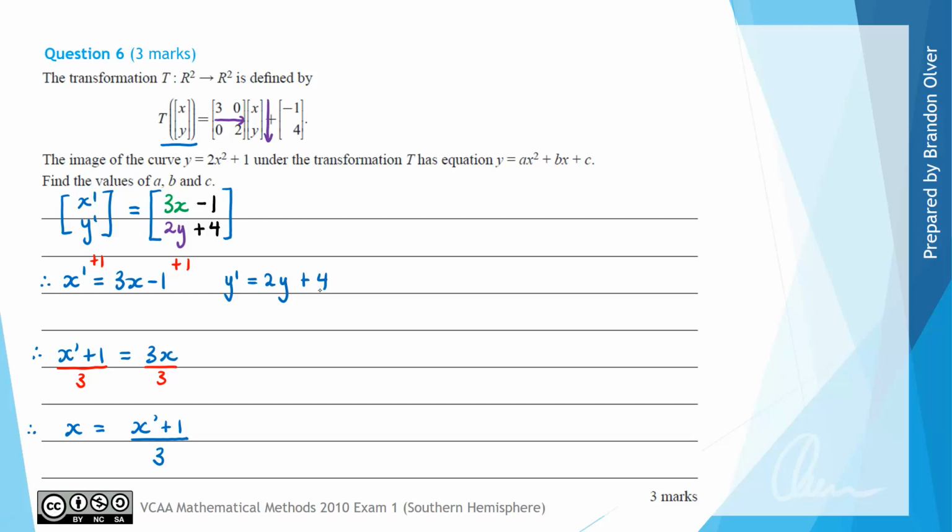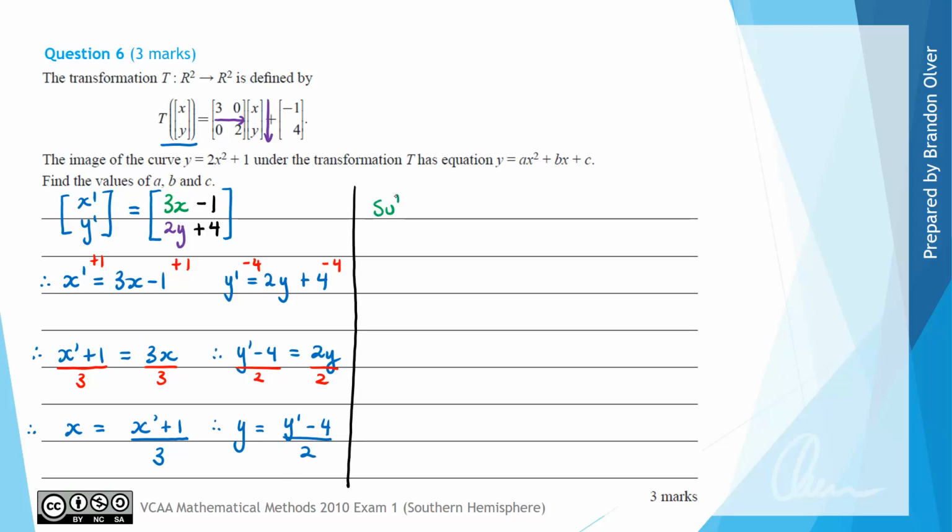Now we do the same thing for the equation involving y, so we're going to start by subtracting 4 from both sides. So therefore we get y dash take 4 is equal to 2y, and then to get y by itself we need to divide both sides of the equation by 2. So therefore we find that y is equal to y dash take 4 all divided by 2.